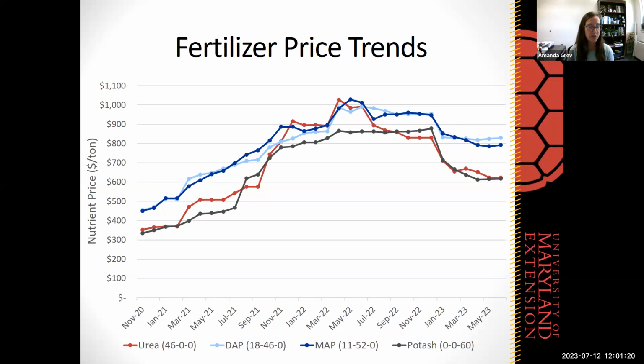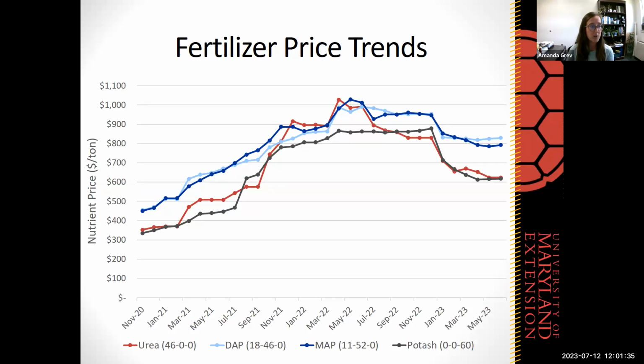So this graph is just showing prices for several of the major fertilizer types that are used on agricultural operations from the end of 2020 through as of June of this year, so just last month.